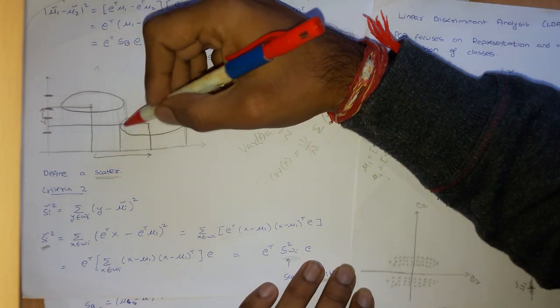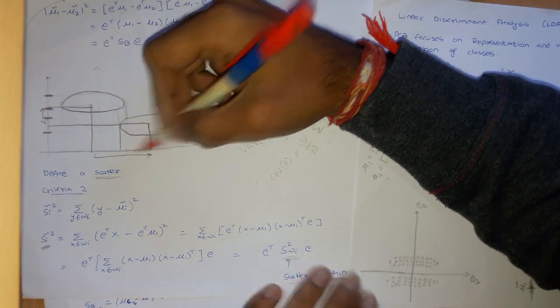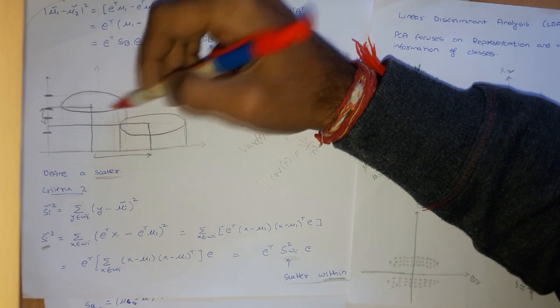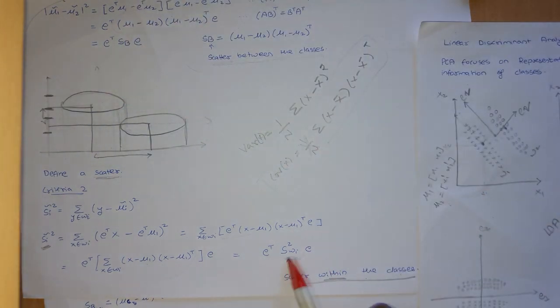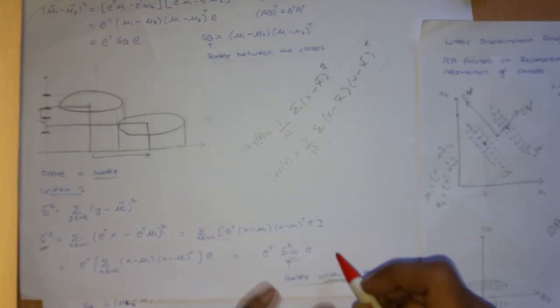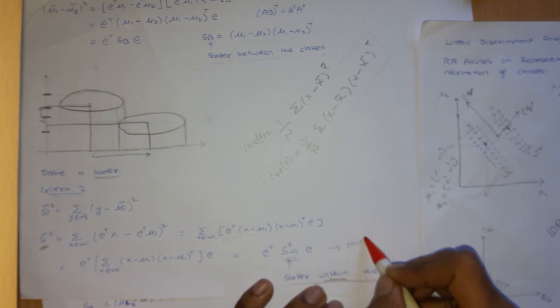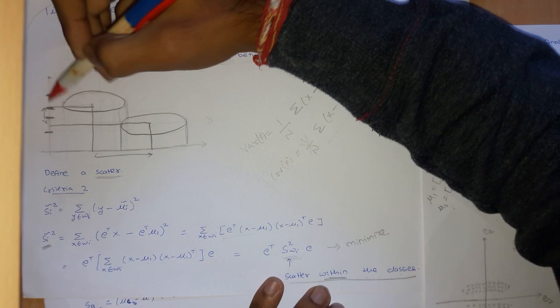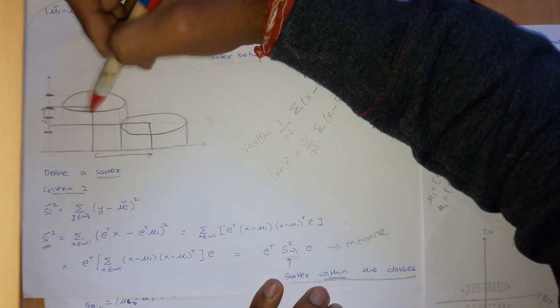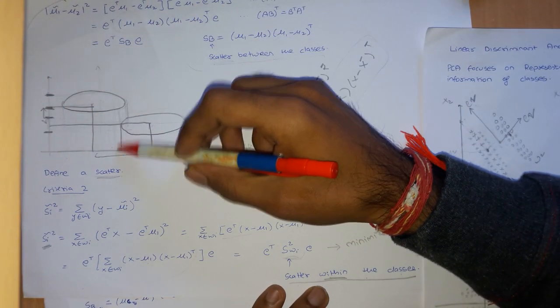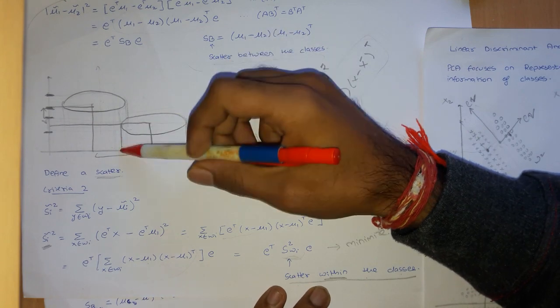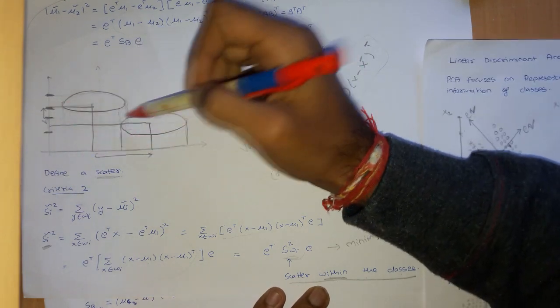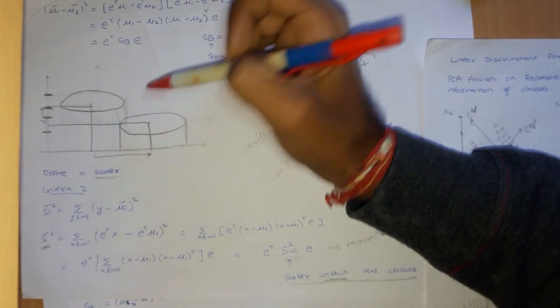For example, inside this class how much is the scatter, inside this class how much is the scatter, that is given by S W i, and we need to minimize this. Why minimize? Because we can see over here, for a minimum scatter we get better separability, and for a large scatter we get less separability, we get overlap.